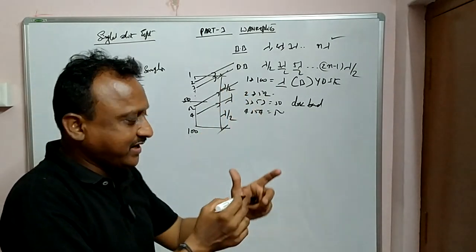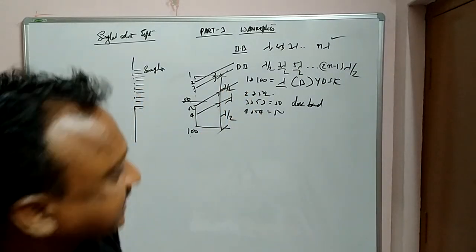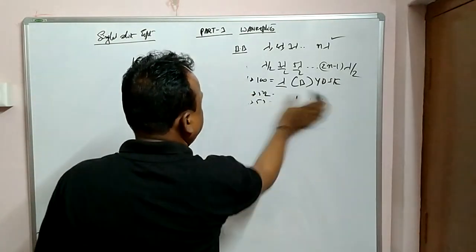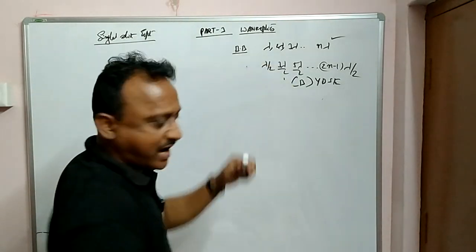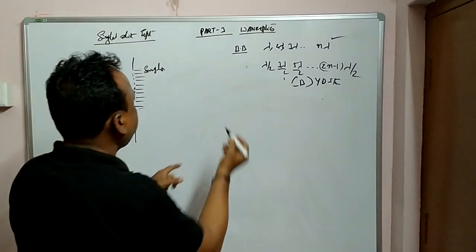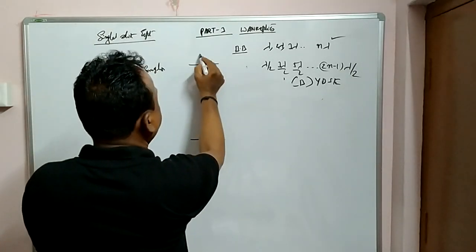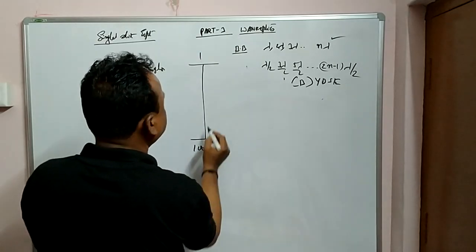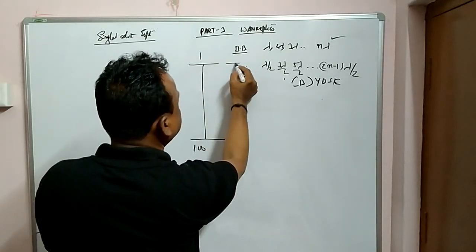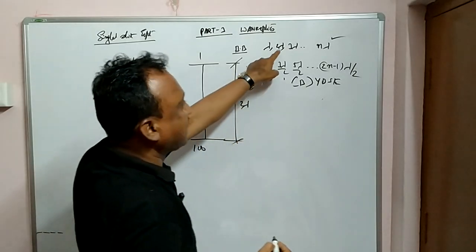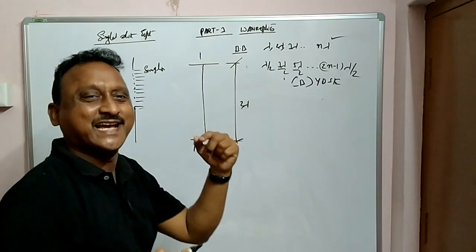In the same way you can explain the next ones also. For example, the same thing I can explain for the next one, 2 lambda. Suppose 2 lambda is there between 1 and 100 source of light, this is second bright. Now this will become second dark here. How?